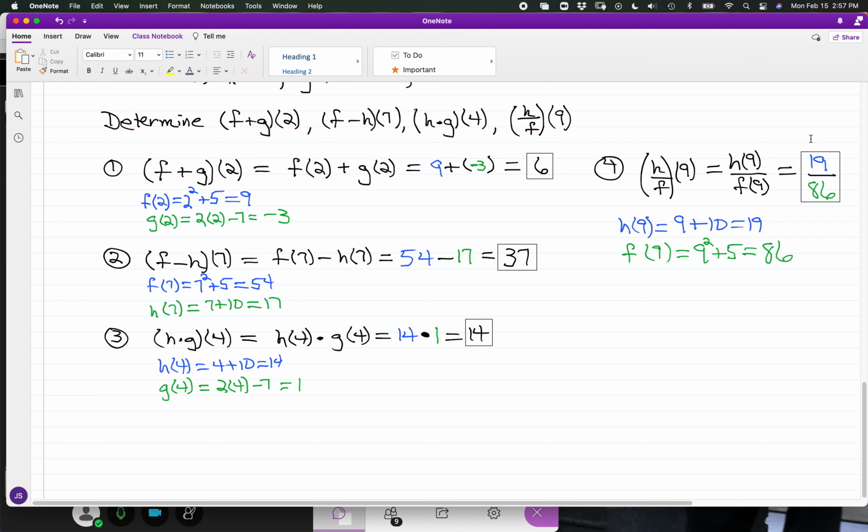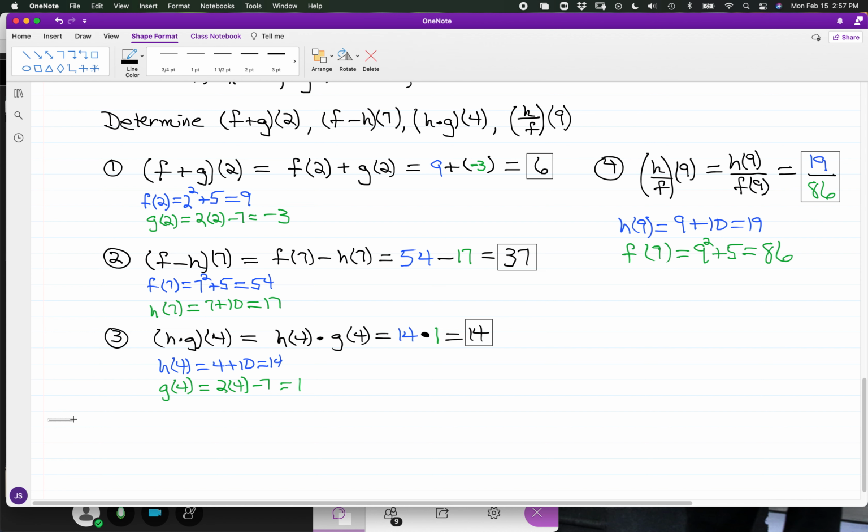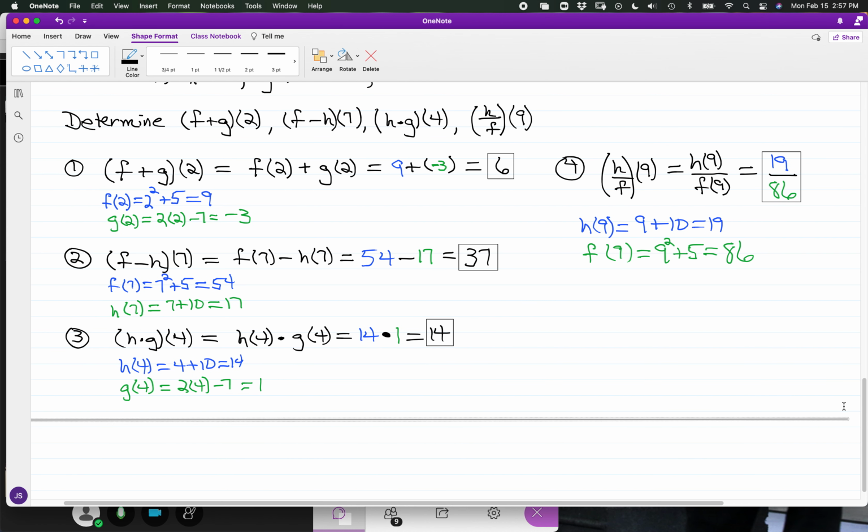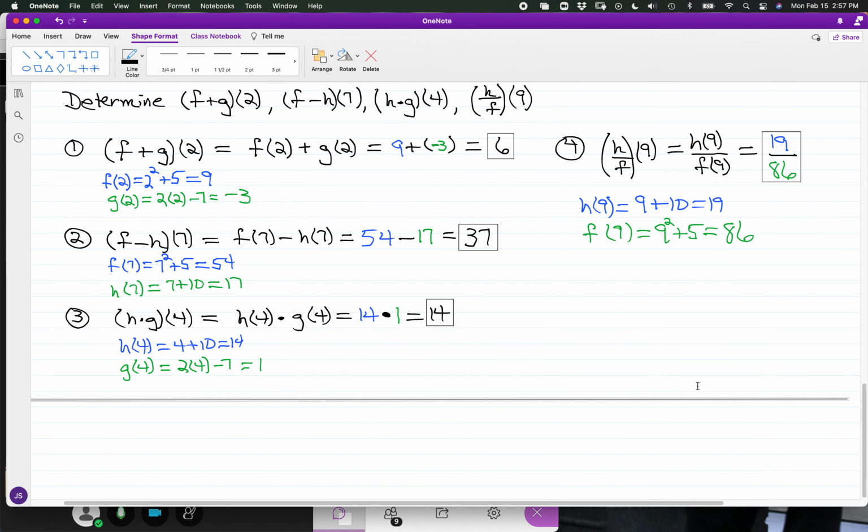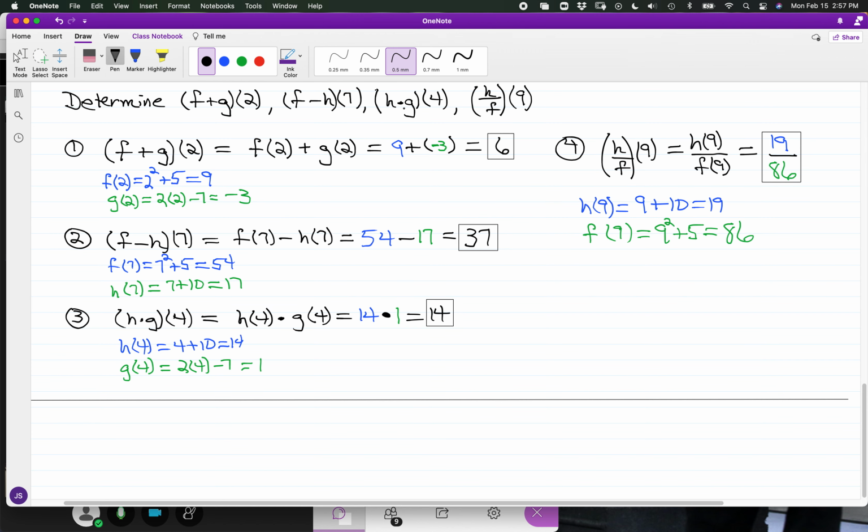Now, just one other thing. Going back to domain and the general case. Let's say you have a situation where you're not going to have the set of all real numbers for the domain, especially with the first three operations.